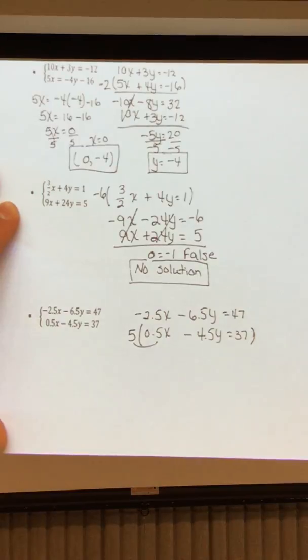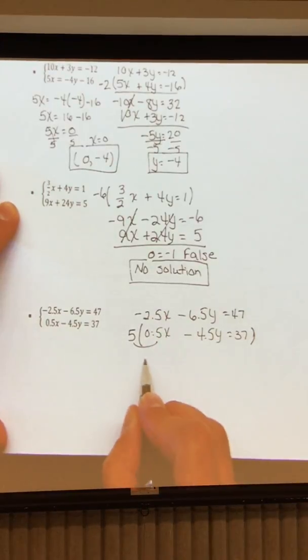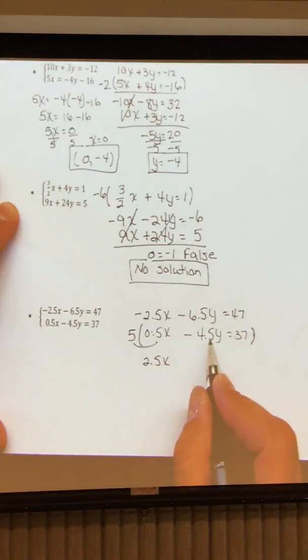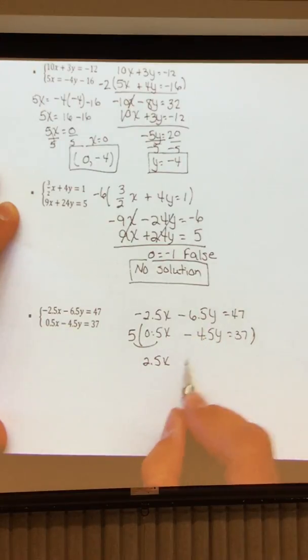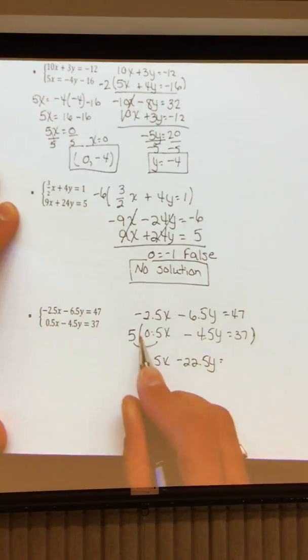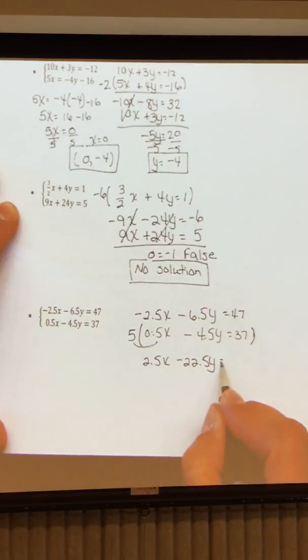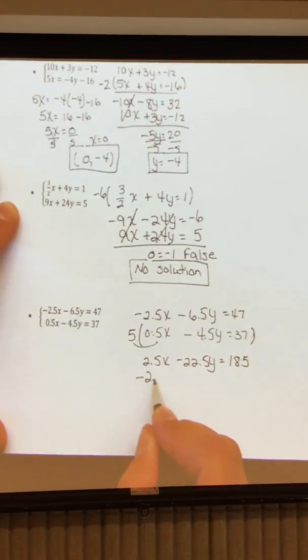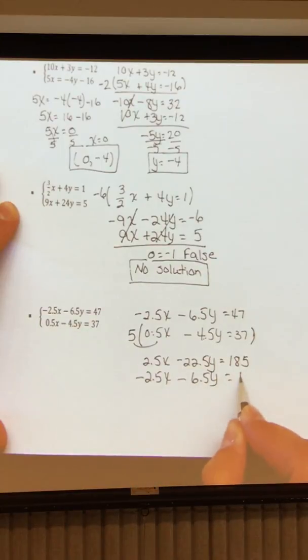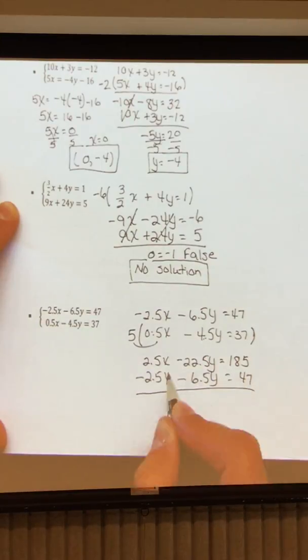5 times 0.5 is equal to 2.5x. 5 times negative 4.5 is negative 22.5y. 5 times 37 is equal to 185. So now let's combine that with the first equation and cancel our x's.